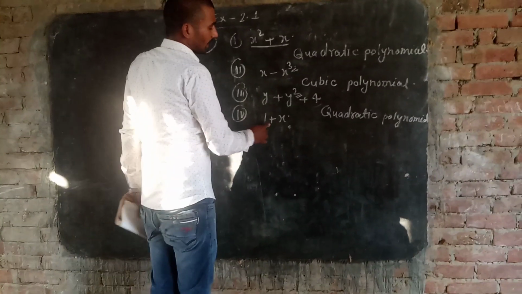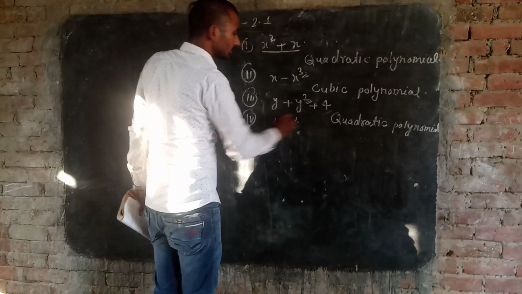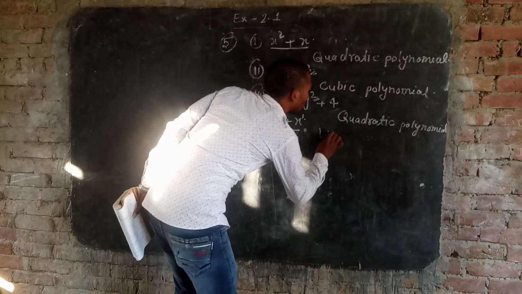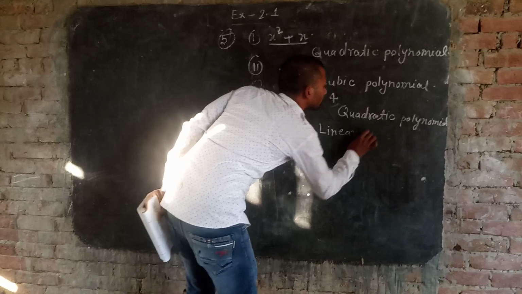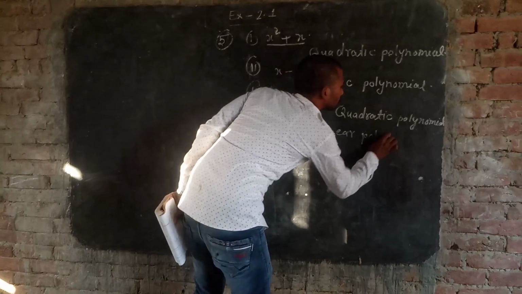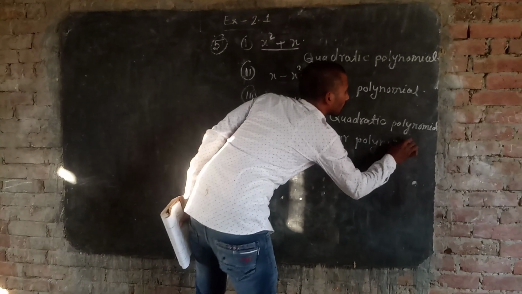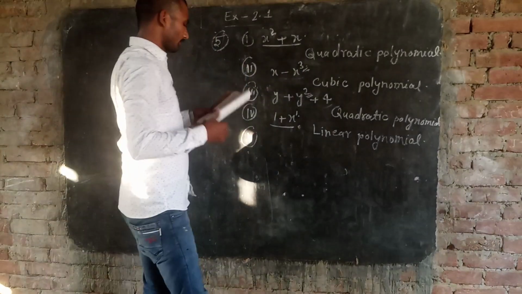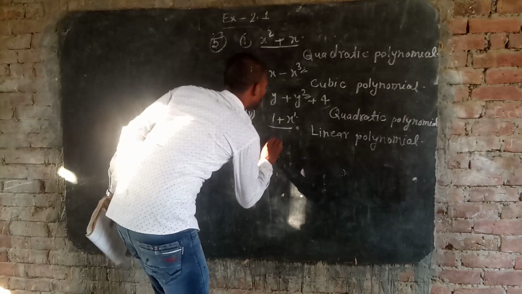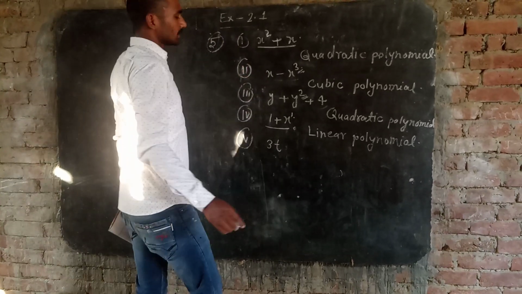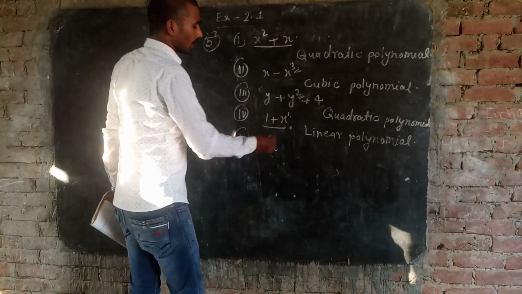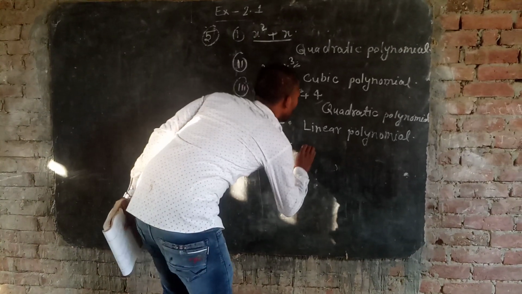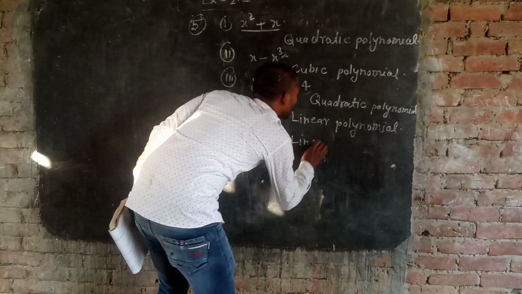This polynomial has highest power 1, so it is a linear polynomial. Question number 5, 3t. This polynomial also has highest power 1, so it is a linear polynomial.